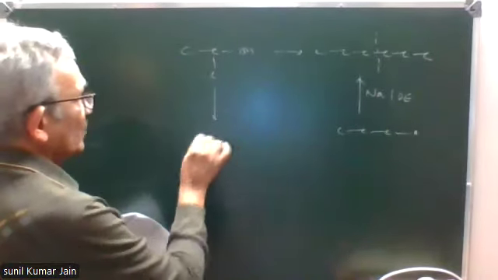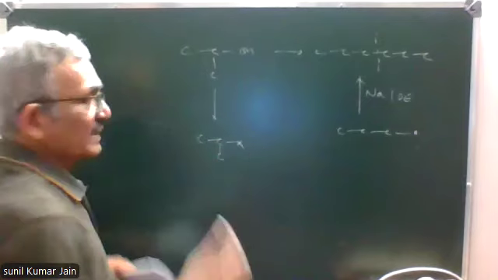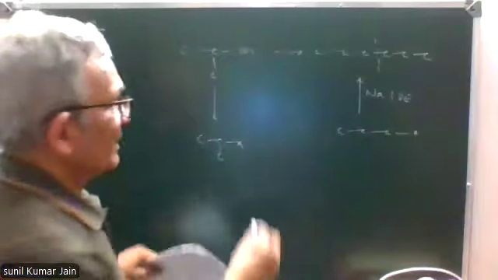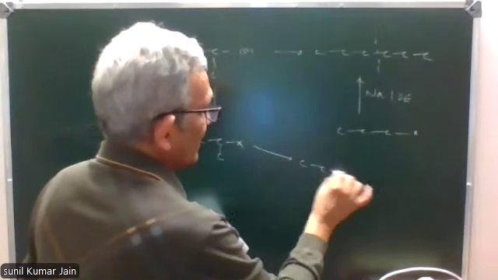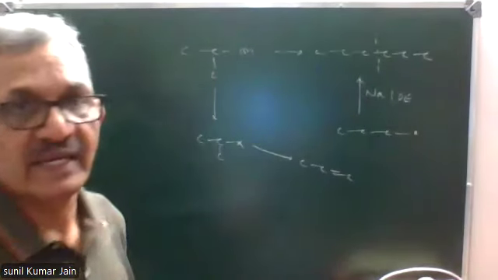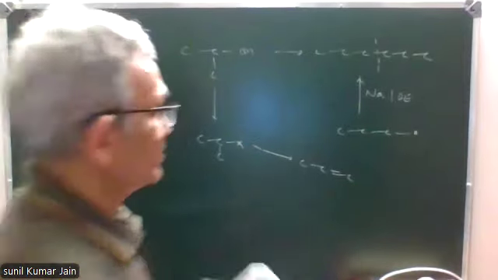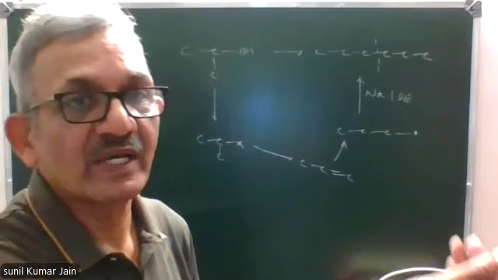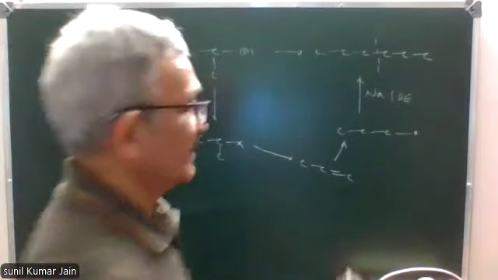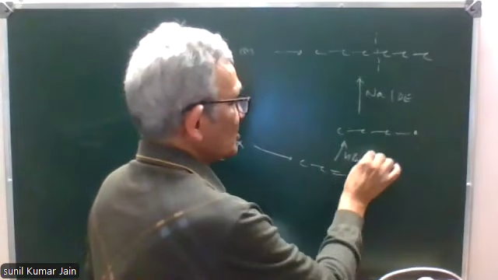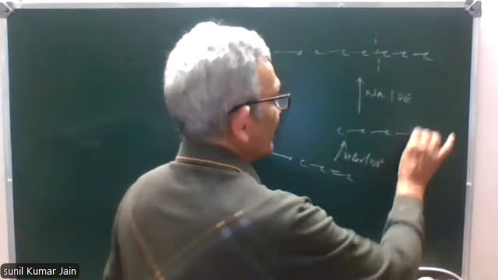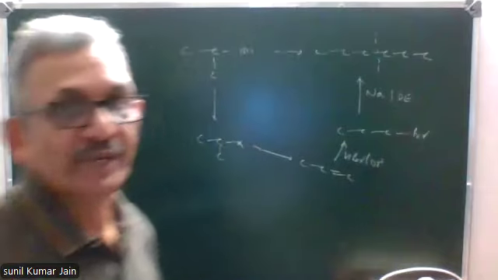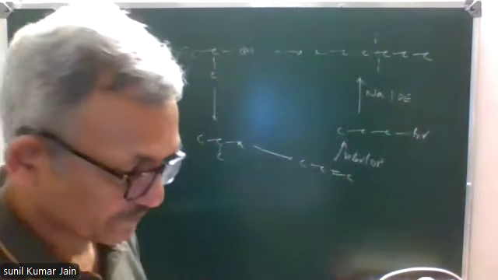Now, convert this into alkyl halide. You know different methods. Convert alkyl halide into alkene, dehydrohalogenation. Convert propene into 1-halopropane. This is anti-Markovnikov addition. So HBr in the presence of organic peroxide will give 1-bromopropane, followed by Wurtz reaction.